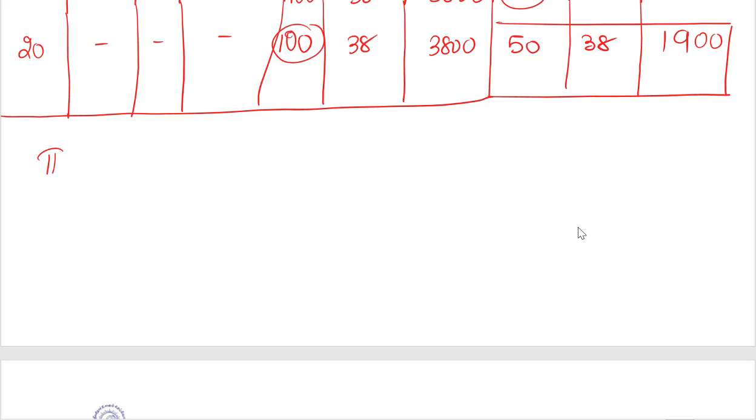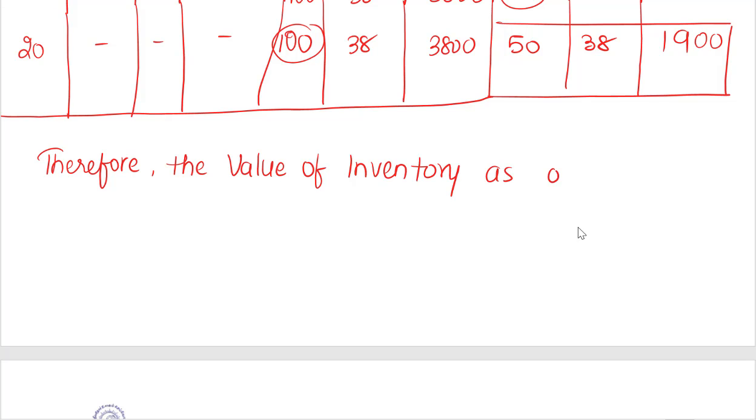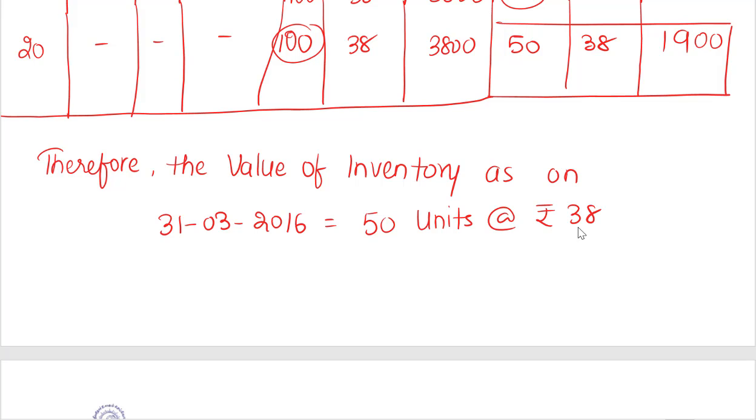Therefore the value of inventory as on 31st March 2016 equals 50 units at the rate of 38 rupees, that equals 1900.